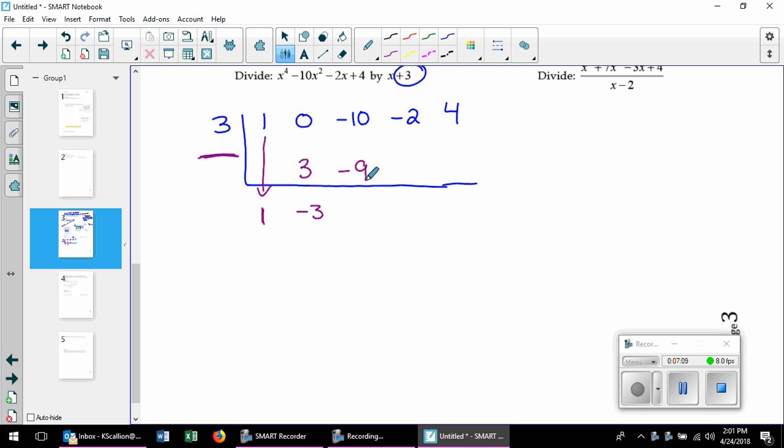So I'm going to have -10 subtract -9, -1. This is your knowledge of integers and how easily you can do it in your head. Some people might say -19. That would be incorrect. 3 times -1 is -3. -2 minus -3 is +1. 3 times 1 is 3. Whew, I get a remainder this time.